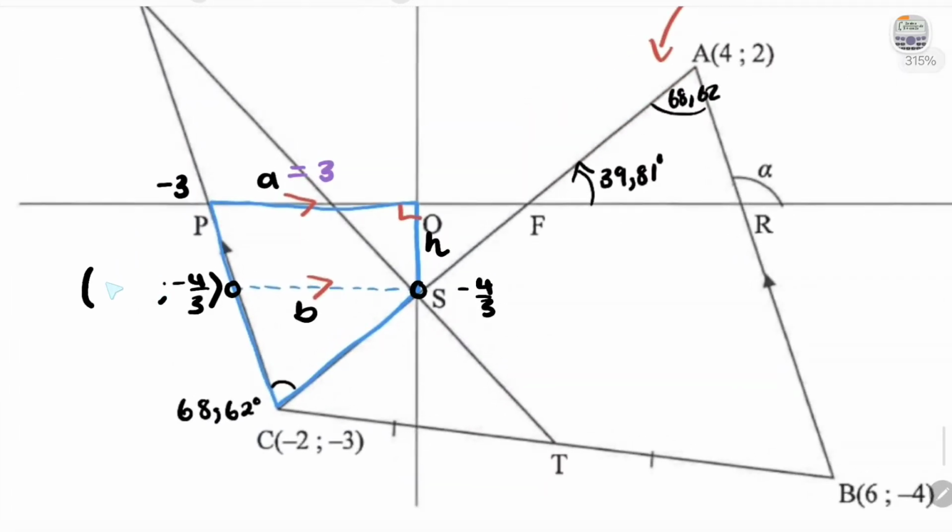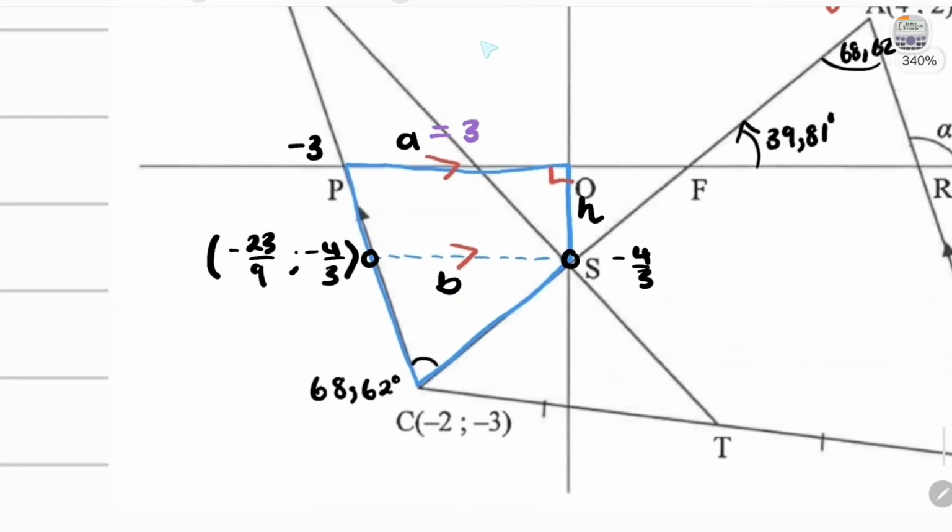So now we know that this is negative 23 over 9. We know the base as well. This is also the bottom of this trapezium. So you're going from x being 0, and you're going to the left where x is equal to negative 23 over 9.